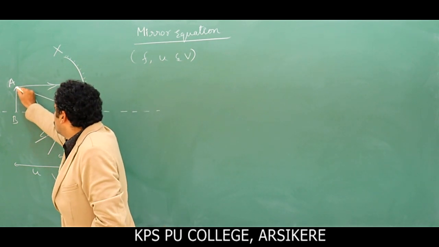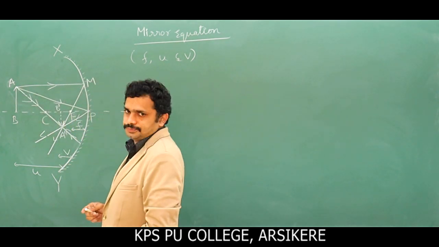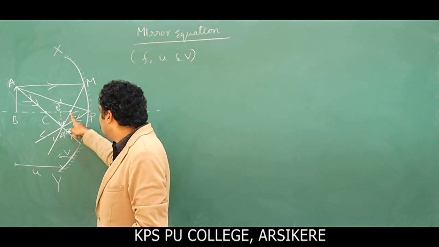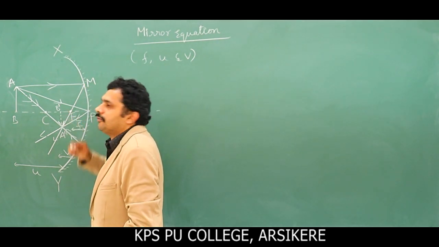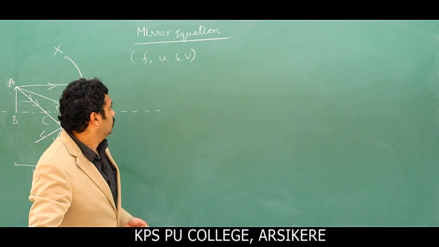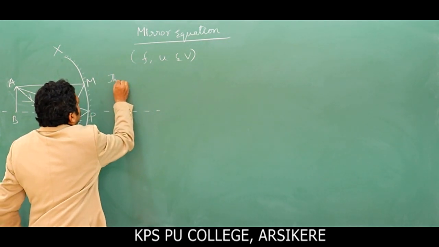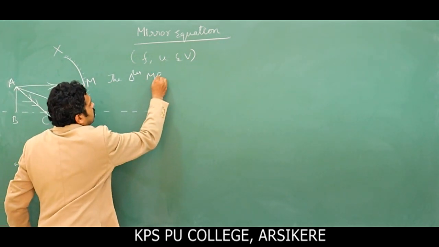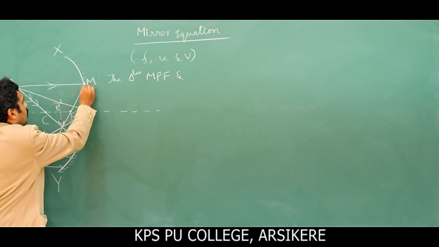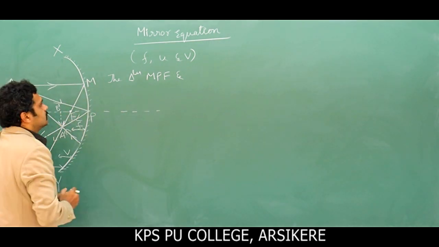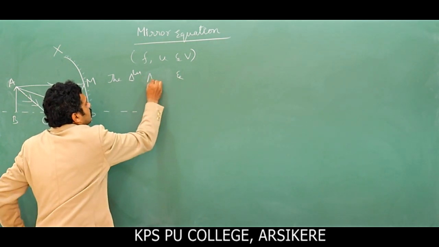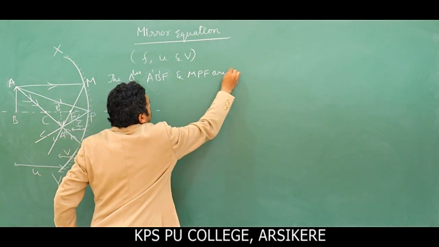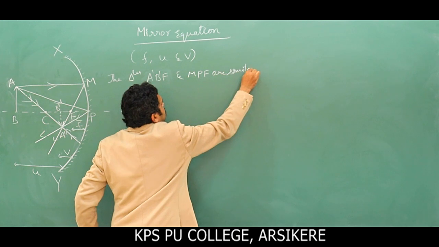Suppose this is the object, you take this point as M. Now here the two right angle triangles are A dash, B dash, F and M, P, F. First I am using A dash, B dash, F and M, P, F are similar. The two triangles are similar.